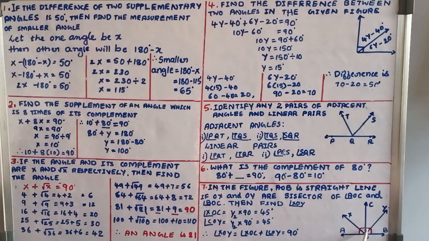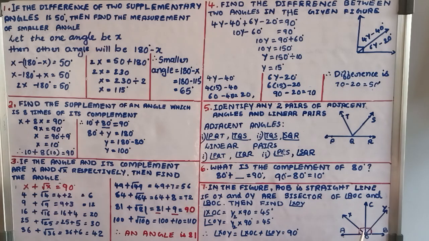In the figure it is clearly given, this is also 90 degrees, this is also 90 degrees. If you add it, you get a straight line. Since OY is the bisector of BOC, COY becomes half into 90 degrees, that is 45 degrees.